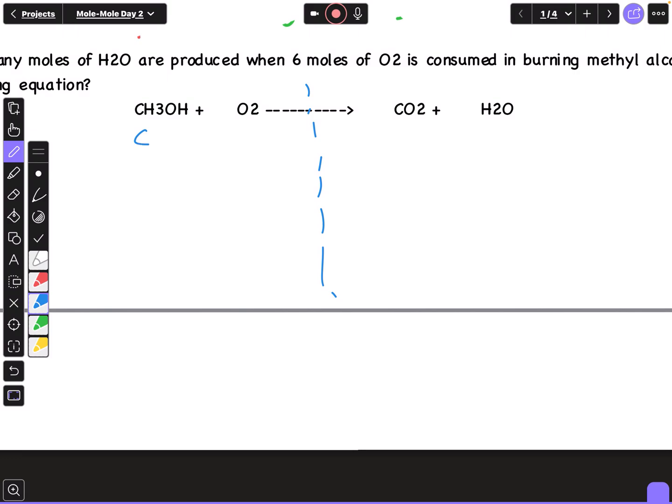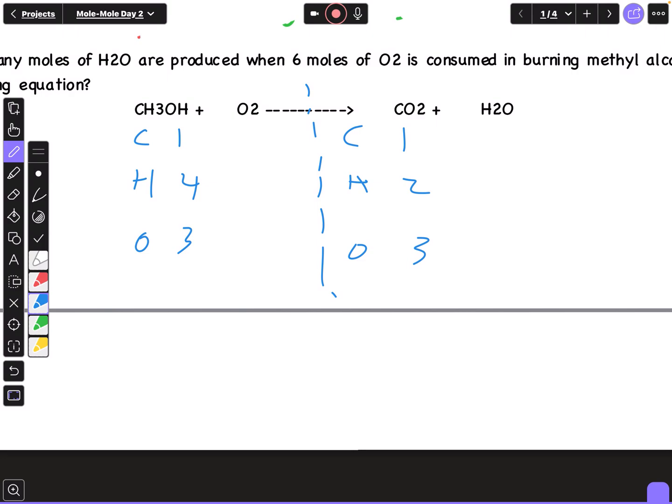This is made up of carbon, hydrogen, and oxygen. I have 1 carbon, 4 hydrogens, and 3 oxygens on the left. Over here I have 1 carbon, 2 hydrogens, and 3 oxygens. So I'm going to start with my hydrogens, and hopefully it balances out right.